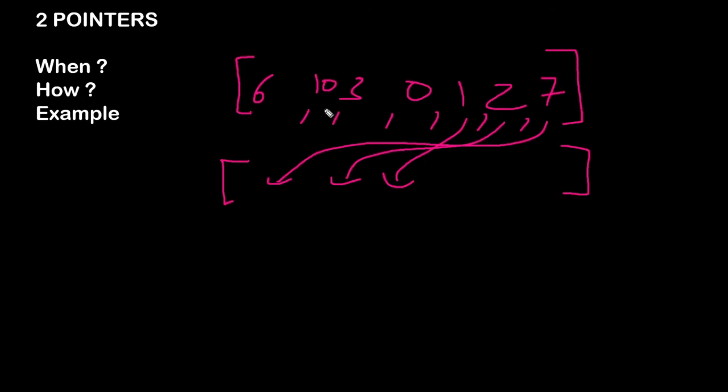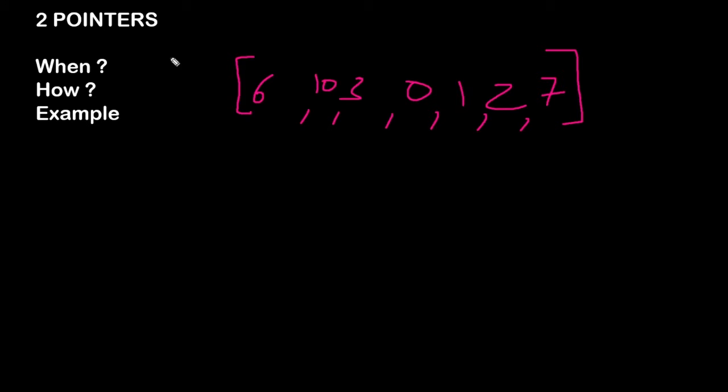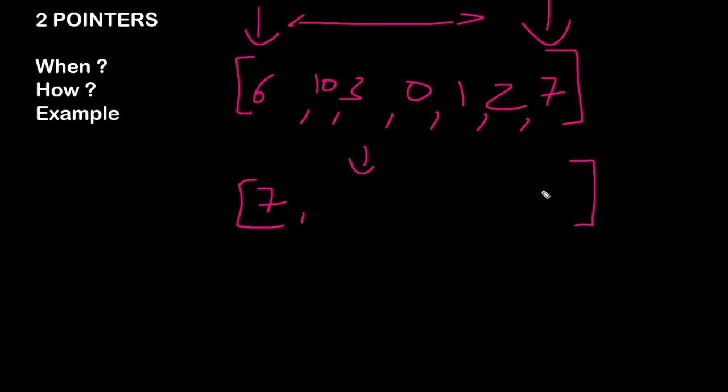But this is not efficient for your space efficiency, right? So what you want to do is use two pointers, because basically reversing an array is just taking these values and switching them together. Then you have your next step where you have 7, 6, and everything else being the same.